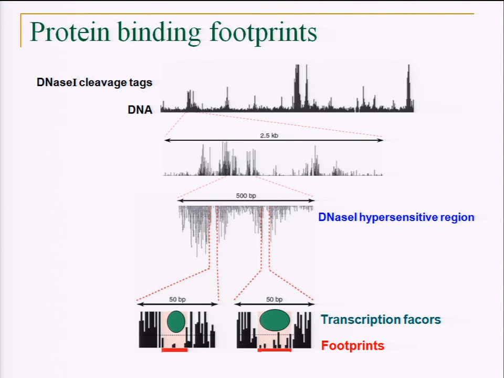So our hypothesis is that these regions are actually protected by transcription factors. Therefore, they are depleted of tags relative to the neighboring regions, forming a protein binding footprint.